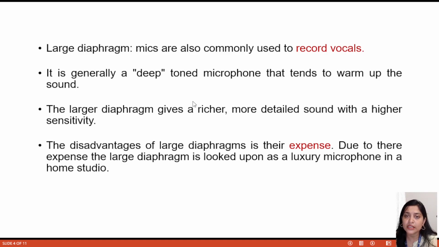It is generally a deep-toned microphone that tends to warm up the sound. The large diaphragm gives a richer, more detailed sound with high sensitivity. High sensitivity means the output signal will be very clear. The disadvantage of the large diaphragm is its expense, so due to this large expense it is sometimes used for luxury microphones.